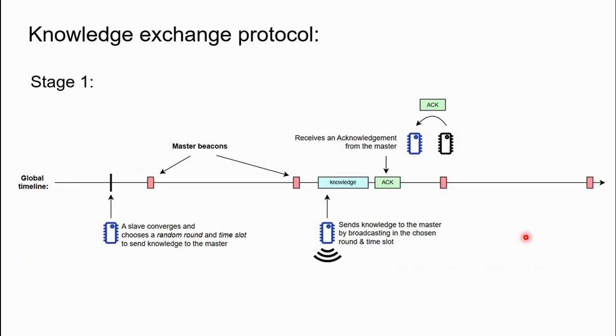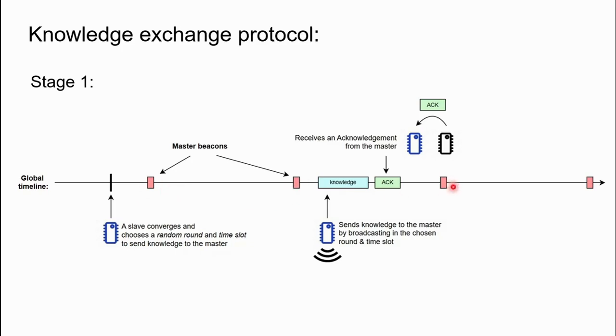Now I'm going to talk about how this exchange actually happens, and we've implemented this thing called knowledge exchange protocol, and you can conceptualize it in 2 stages. In stage 1, we have our global timeline here, and this slave that has been receiving the master beacons and learning for a while decides that it has converged to optimal values, and therefore it chooses a random round and random time slot to send its knowledge to the master.